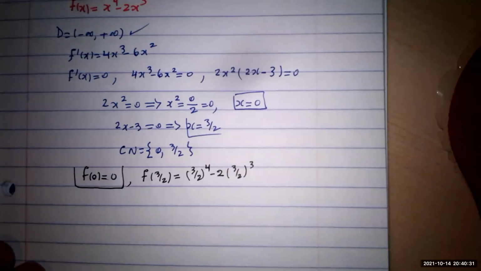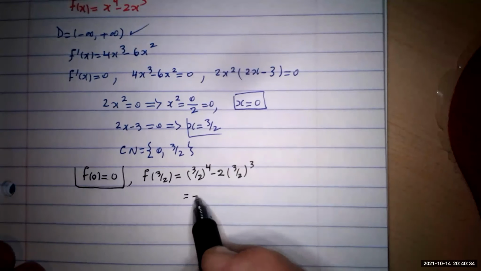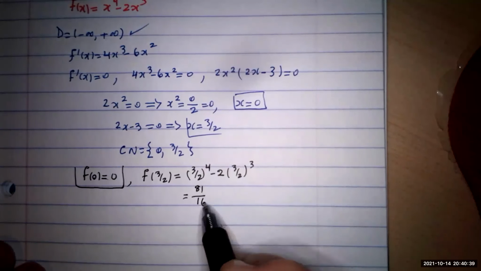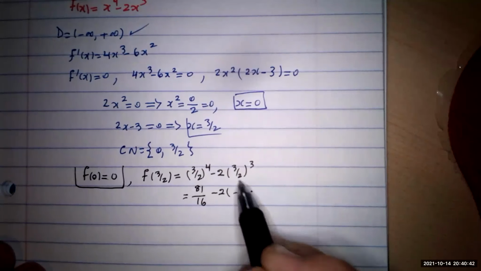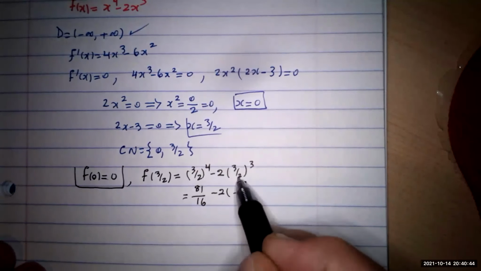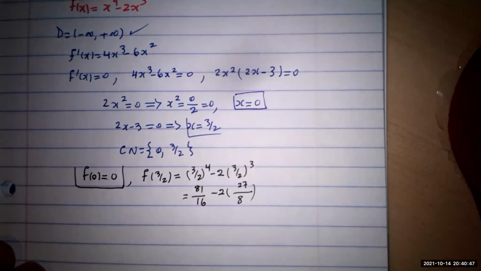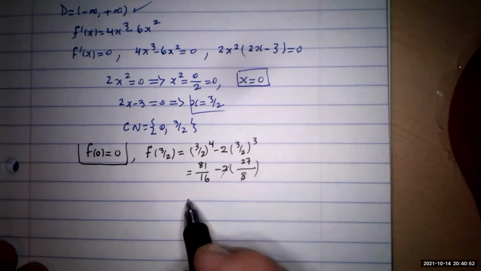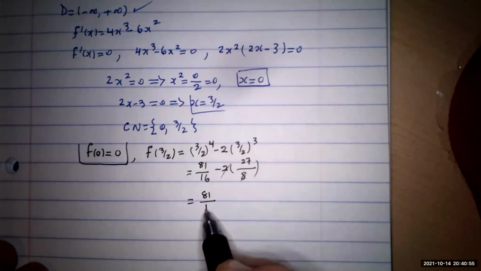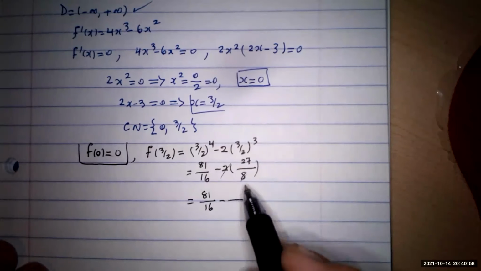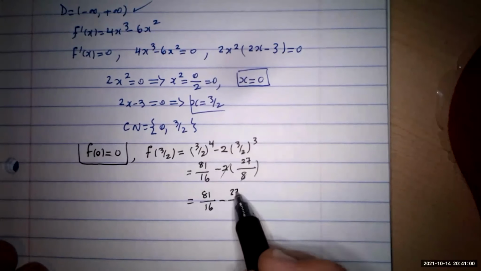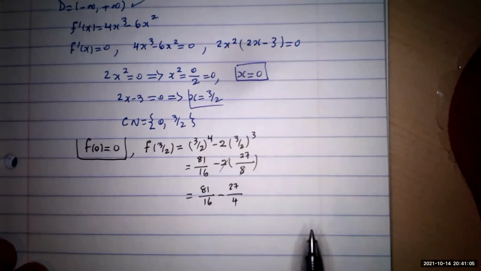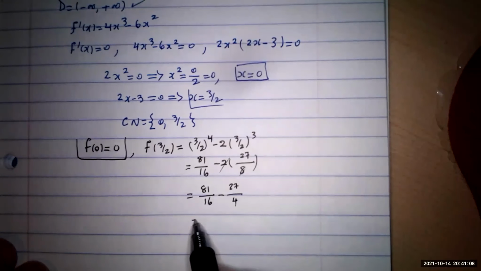But if you want to stay with the fraction, it's going to be 3 to the 4th, which is 81, over 2 to the 4th, which is 16, minus 2 times 3 to the 3rd, which is 27, over 2 to the 3rd, which is 8. Then the 2 and 8 would be simplified. So that gives 81 over 16 minus 27 over 4. We have to find the common denominator, which would be 16.